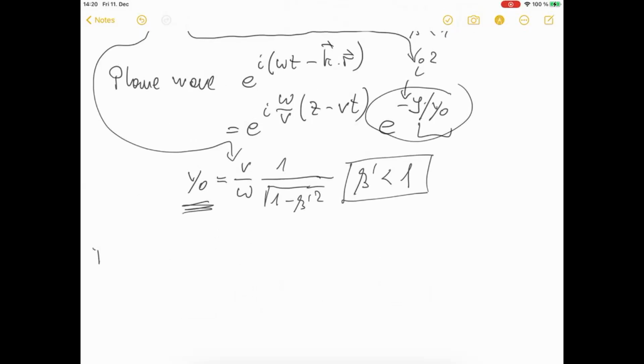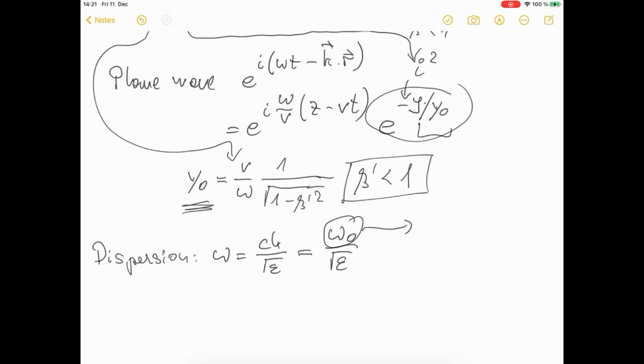Again, we look at our dispersion relation. The dispersion relation was omega equals ck over square root of epsilon, and now we write the ck as omega naught divided by square root of epsilon, and this omega naught is the angular frequency in the vacuum.